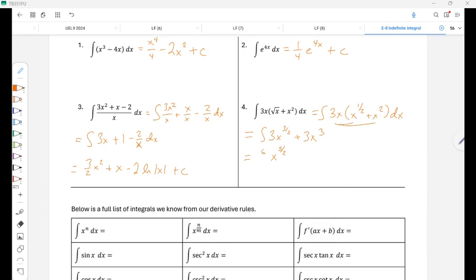So I end up with 6/5 x to the 5/2. And then plus not just 3x to the 4th, but over the new exponent, 4. So 3/4 x to the 4th.